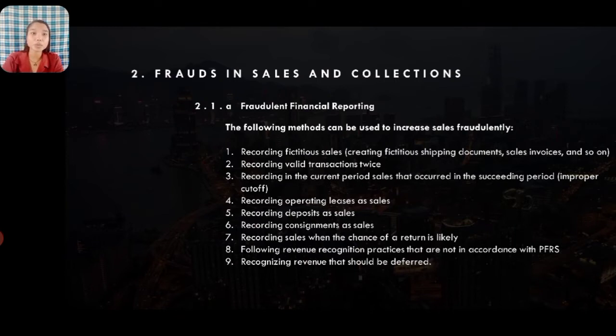The third one is recording in the current period sales that occurred in the succeeding period. So, improper cut-off: you record past transactions within the current year, or future transactions are recorded within this year.